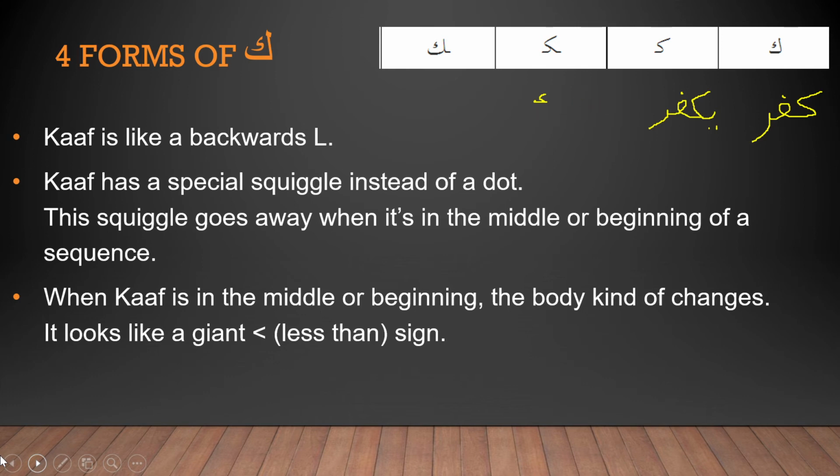Let me write that properly. Yep, now it's perfect, isn't it? So as you can see, this is how the Kaaf looks at the end of the word. The by-itself version and the end are the same, but the beginning and the middle version are completely different.